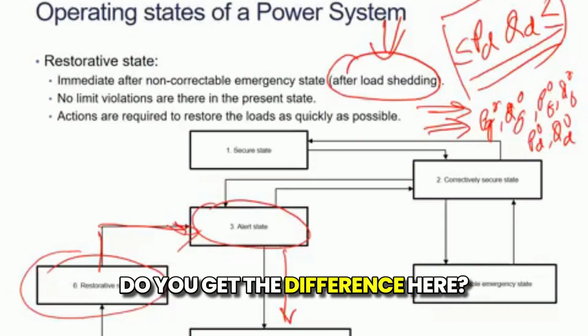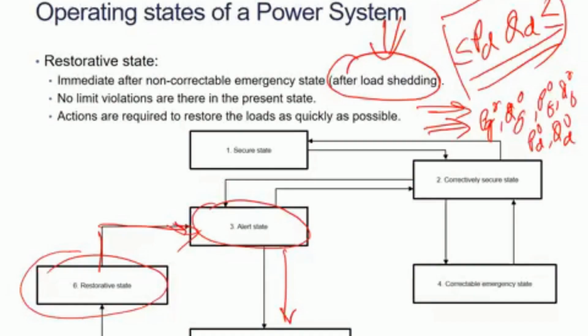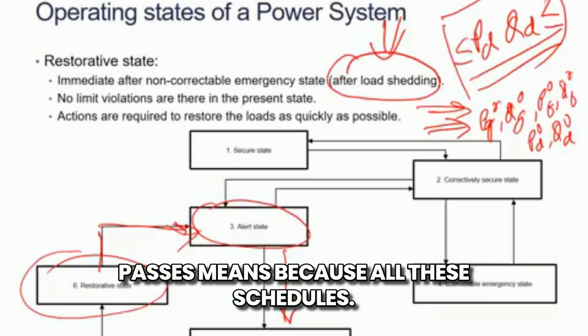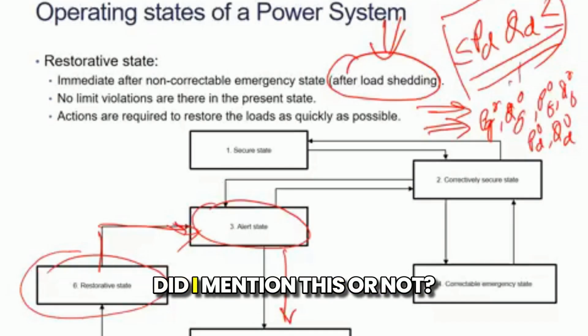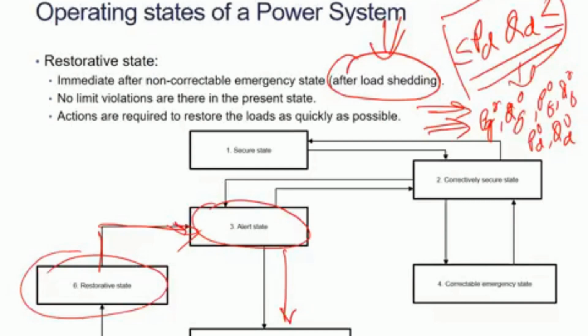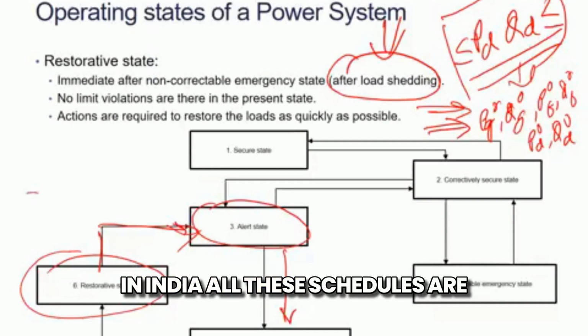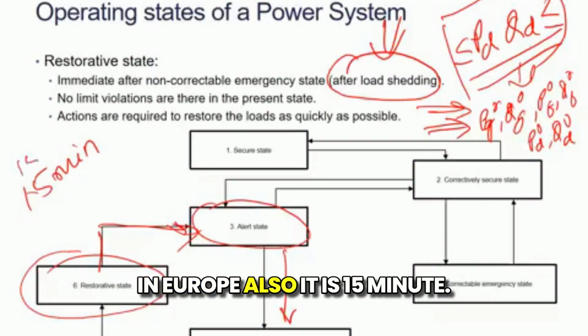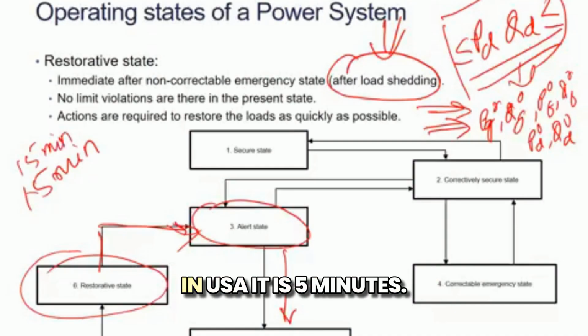Do you get the difference here? And once the time passes, because all these schedules, did I mention this or not, I forgot. In India, all these schedules are set for a 15-minute time window. In Europe also it is 15 minutes, in USA it is 5 minutes.